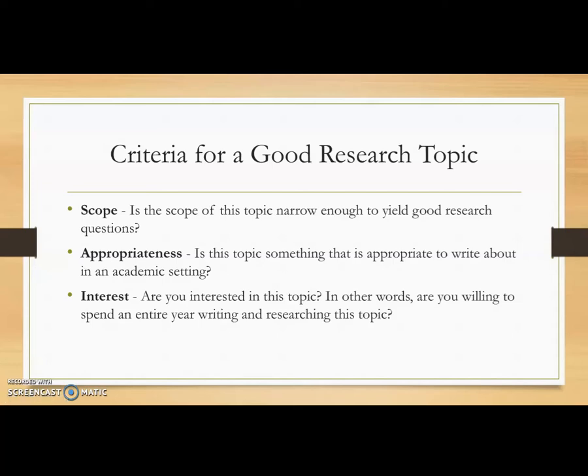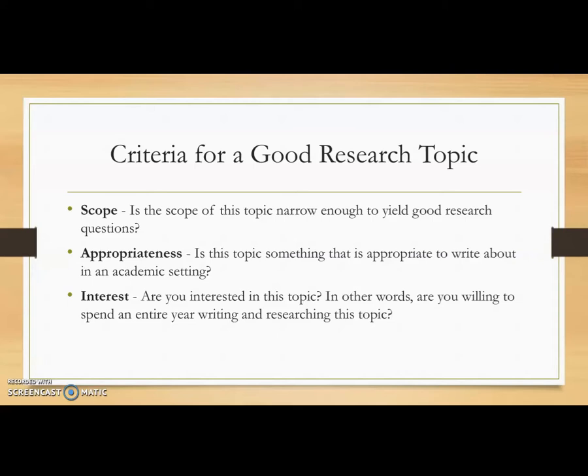Okay, now that we've warmed up with that do now, let's really get into the meat of this week's video. Let's start off with looking at the criteria for a good research topic. When creating a research topic, there are three key things to keep in mind. Firstly, scope. Is the scope of your topic narrow enough to yield good research questions?